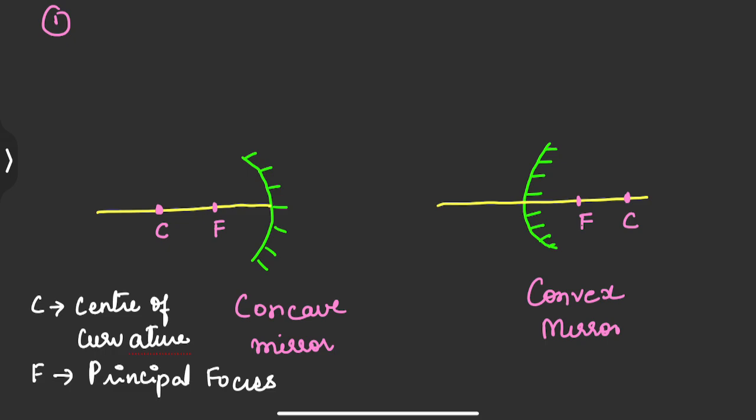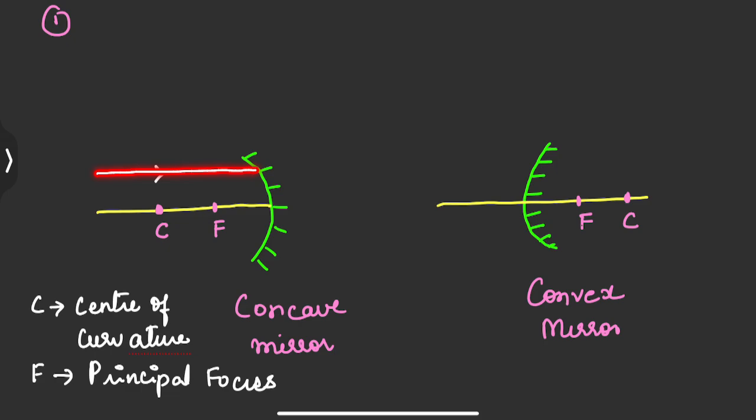Standard incident rays. Now I'll draw a ray of light which is passing parallel to the principal axis. This is the principal axis and this is the ray which is parallel. Can you see these two lines are parallel to each other? This line is called the principal axis, and this is called the incident ray.